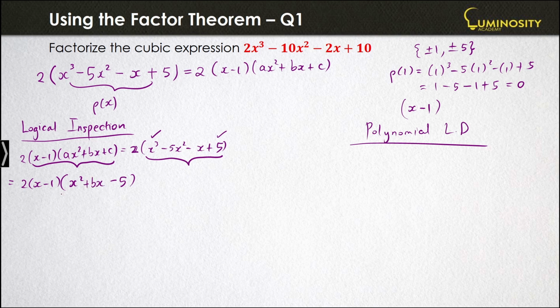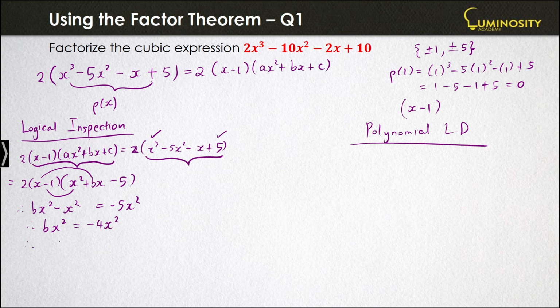Now if I compare just the x squared terms, x times bx gives me bx squared, and negative 1 times x gives me negative x squared. Those are the only x squared terms when I expand that out. But that must equal the x squared term on the right-hand side, which is negative 5x squared. So I can add x squared to both sides: bx squared equals negative 5x squared plus 1x squared, which is negative 4x squared.